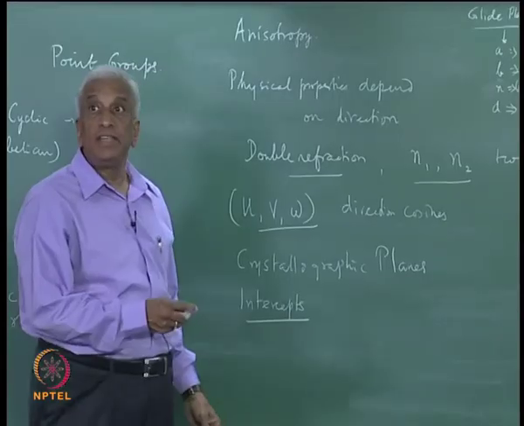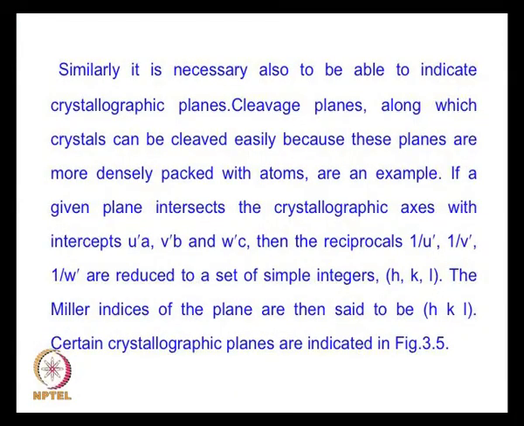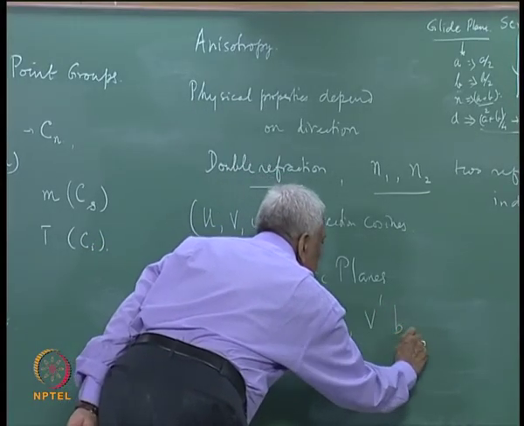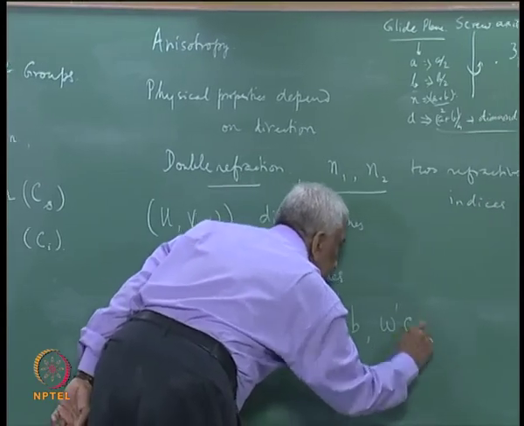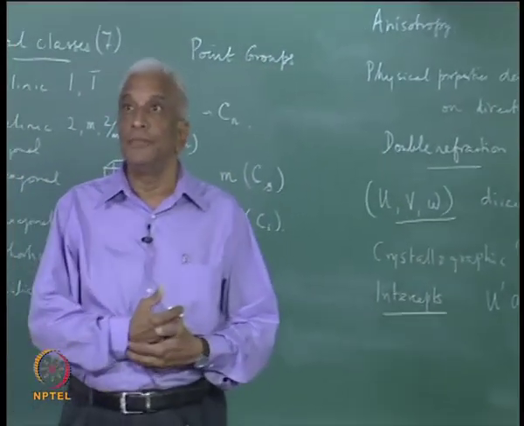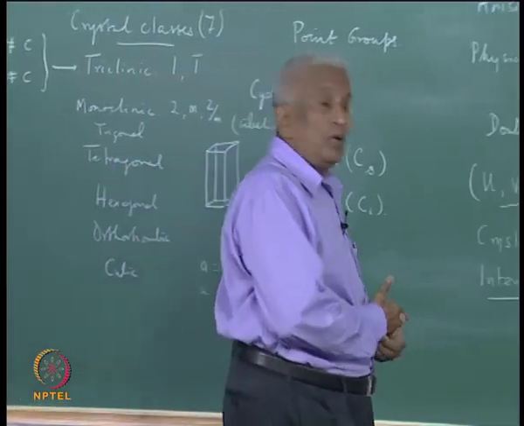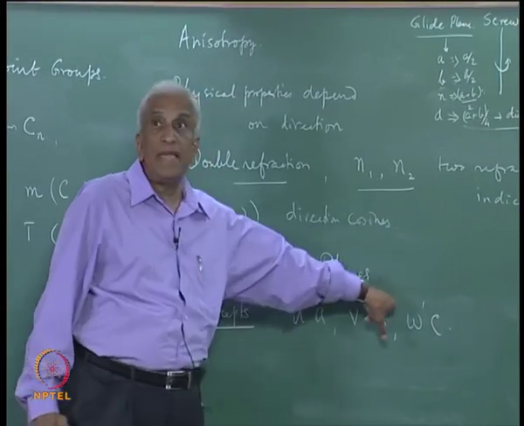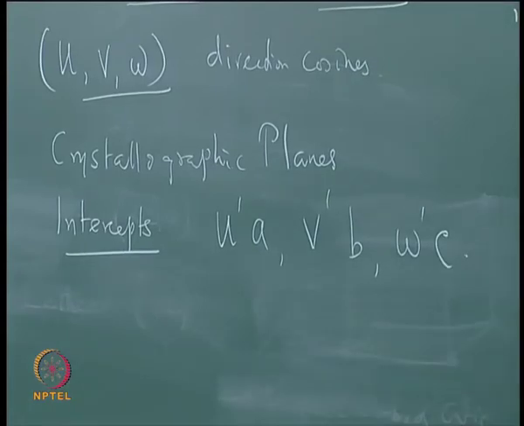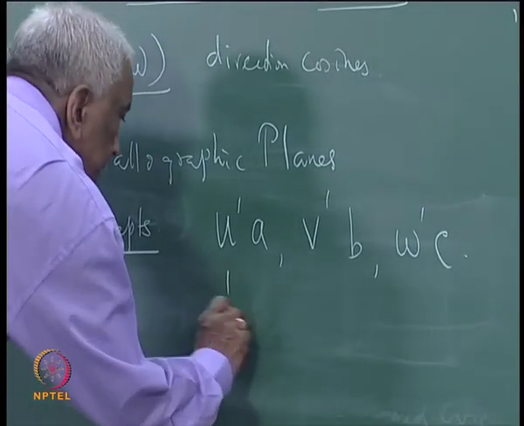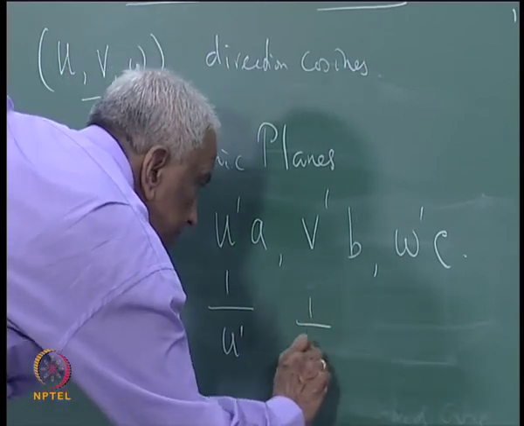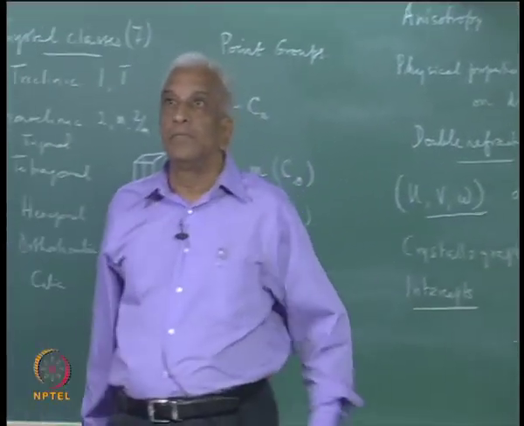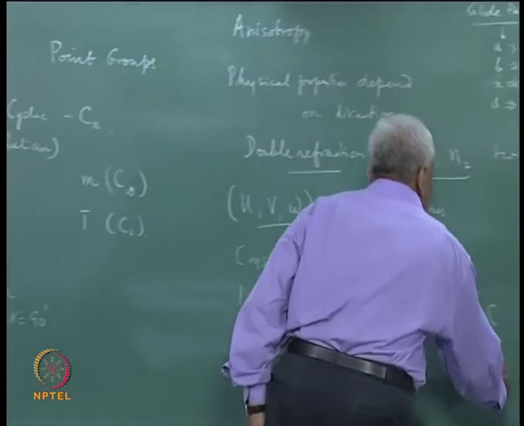So, suppose we say let us take u' A, v' B and w' C are the intercepts. So, these are intercepts measured in units of A, B and C, the principal lattice parameters. Then we take the reciprocals 1 by u', 1 by v', 1 by w', and these are reduced to a simple set of integers.